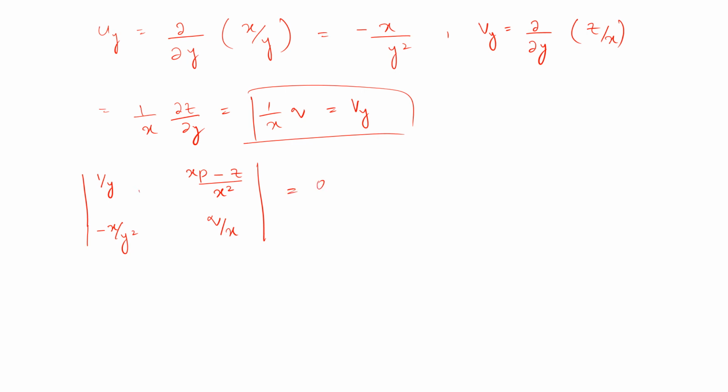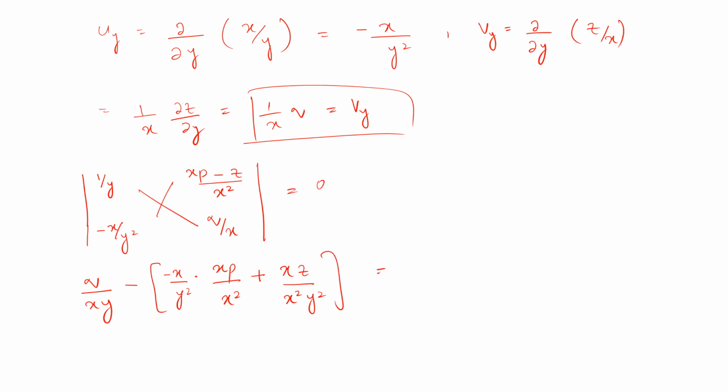So we multiply for the determinant, so it will be q divided by xy minus negative x over y squared times xp minus z over x squared, then minus and minus will be plus, xz divided by x squared y squared, and this equals 0.